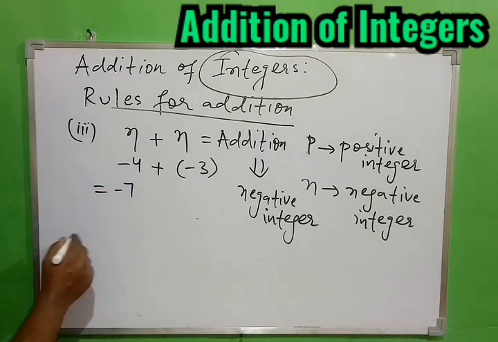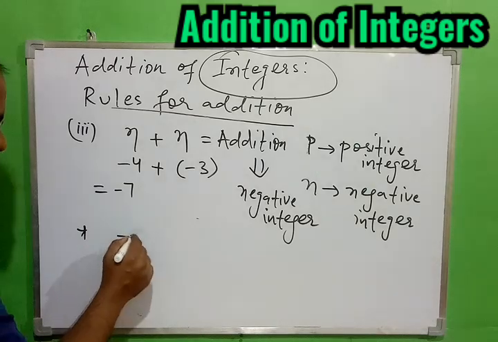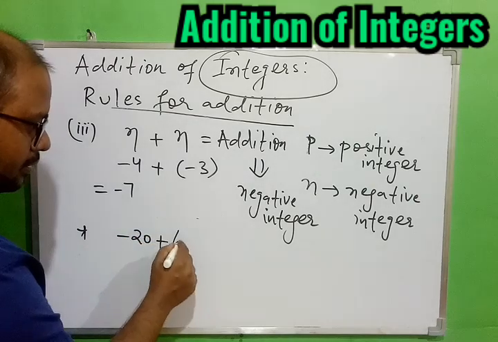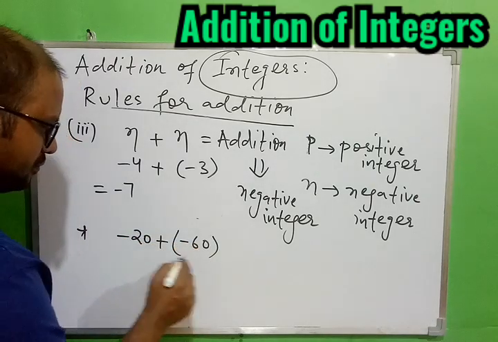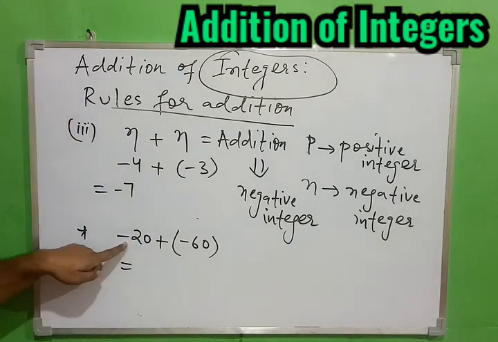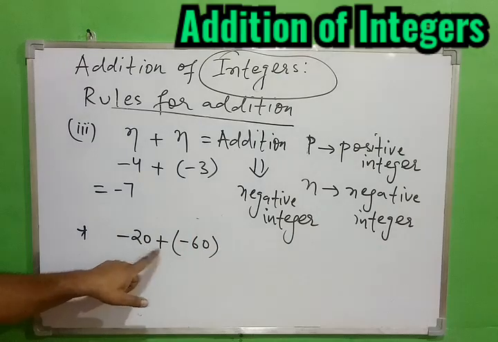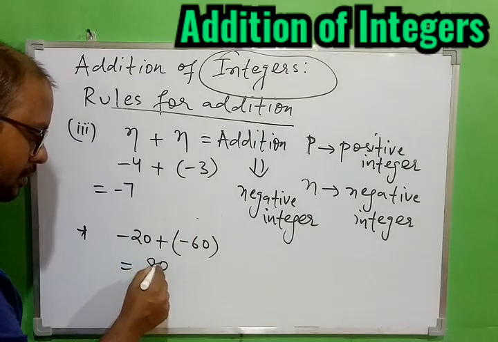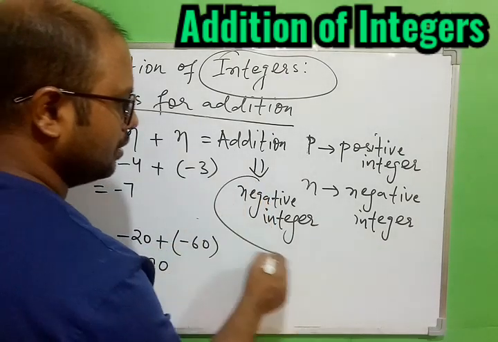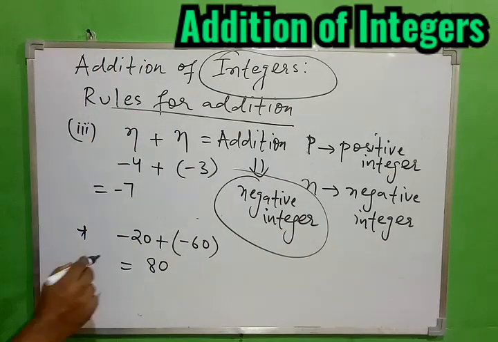Okay, take one more example, like minus 20 plus minus 60. So again we have negative and negative integers, n plus n, what is to be done? Addition. So 20 plus 60, 80. According to the concept, finally the answer should be negative, so put a minus sign.